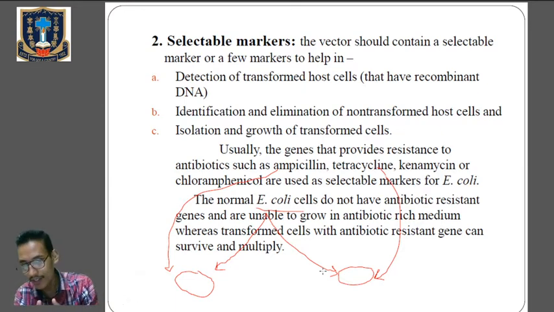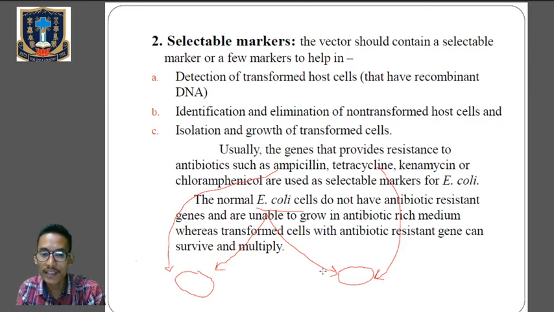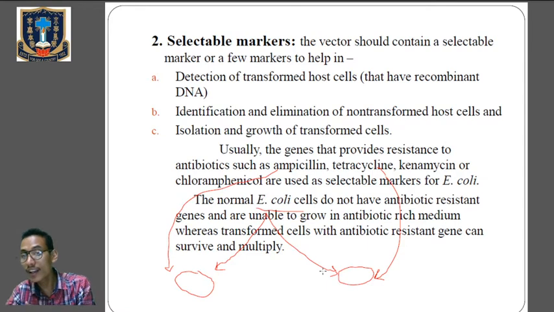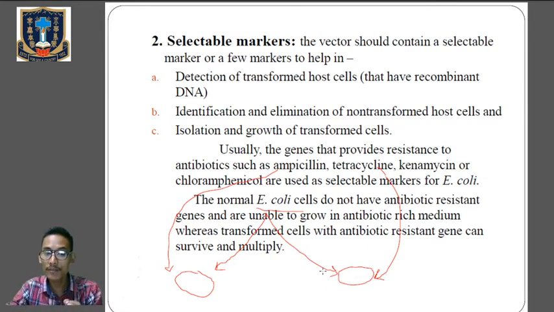Are you getting it now? What are we putting? We are putting the ampicillin resistant gene in E. coli cells. Now what will happen to E. coli cells? Now E. coli cells will be resistant to ampicillin. It has become transformed. It contains the recombinant DNA. So it has become the transformed host cell having recombinant DNA.